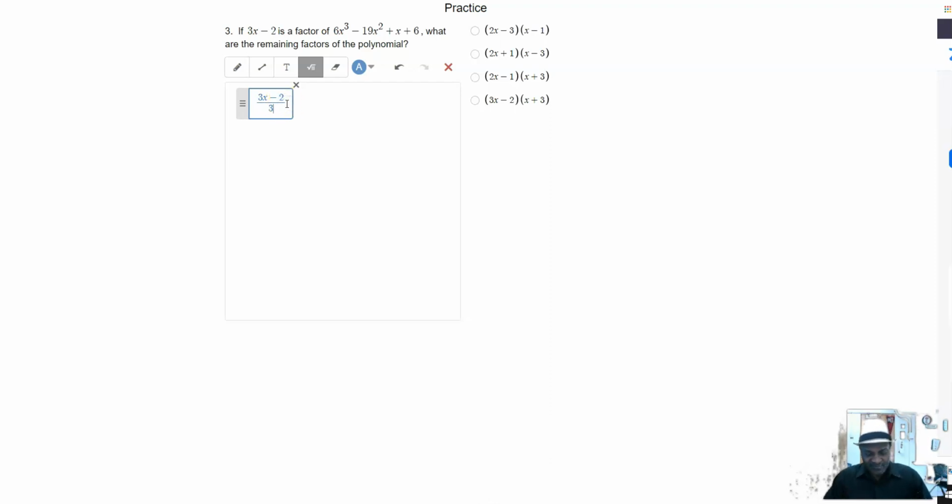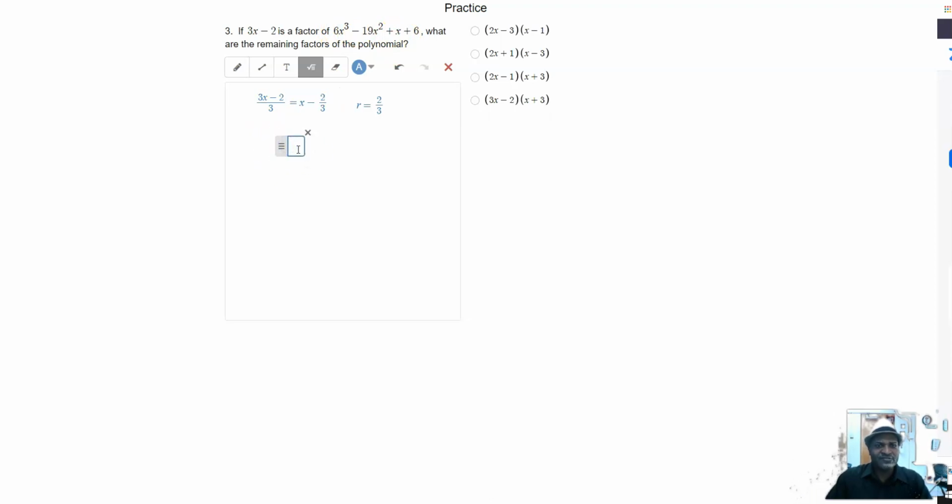When I do that, the 3s cancel out, and it gives me x minus 2/3. So that means my r value is going to be 2/3. And I can't stop there.